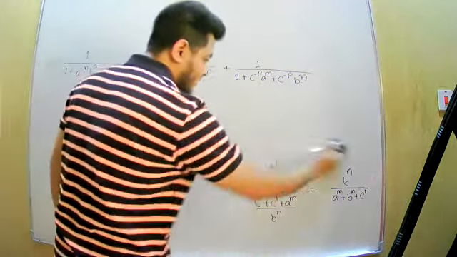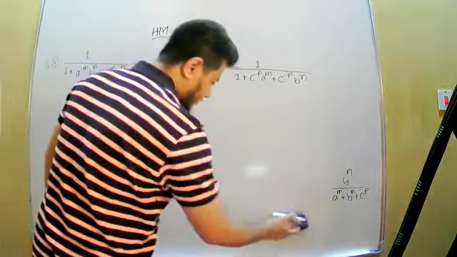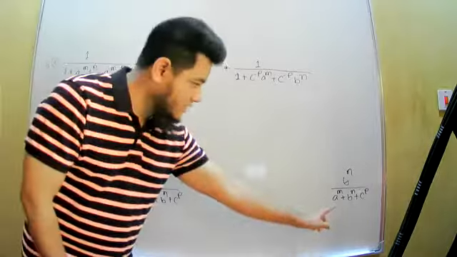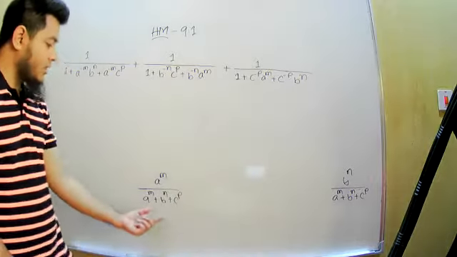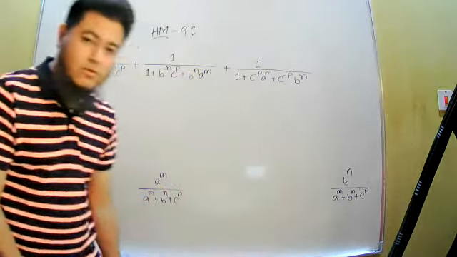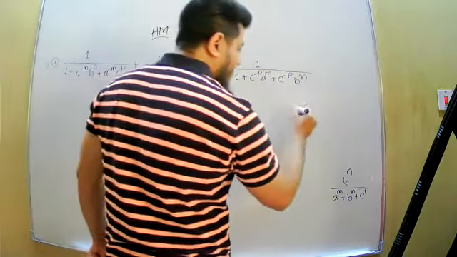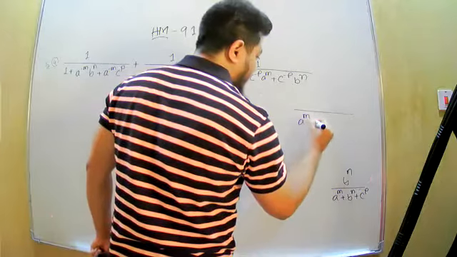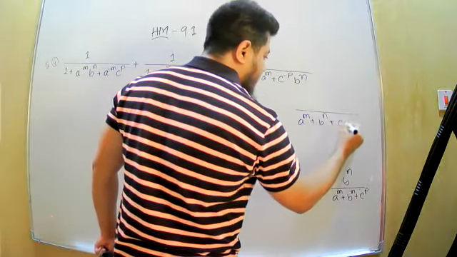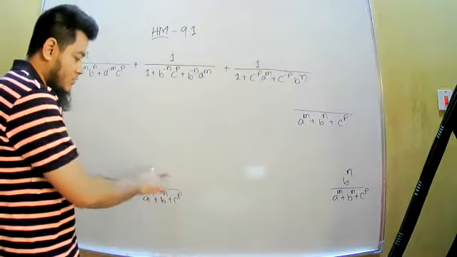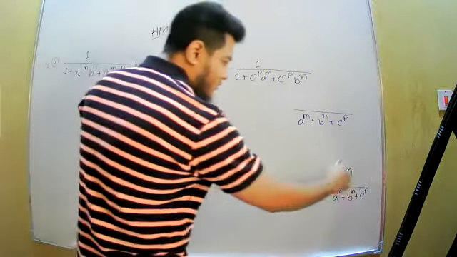Take a look at the expression that we got from the first two parts. Take a look at the denominator. The denominator is same in these two cases. So we can assume that from this part, the expression that we will get, it will have the same denominator, a to the power m, b to the power n, c to the power p. And here we have a to the power m, here we have b to the power n.